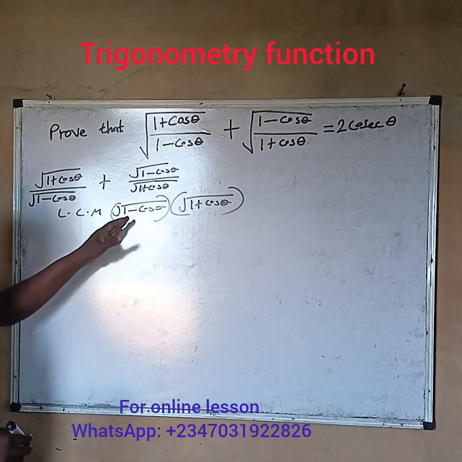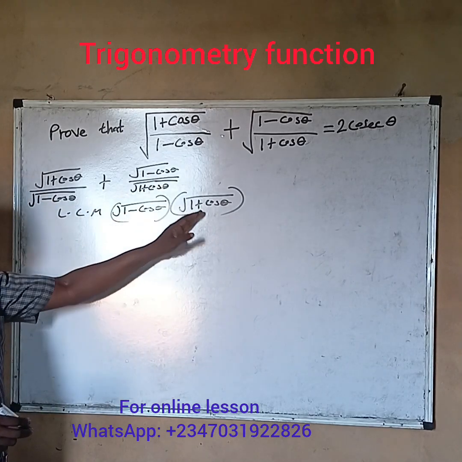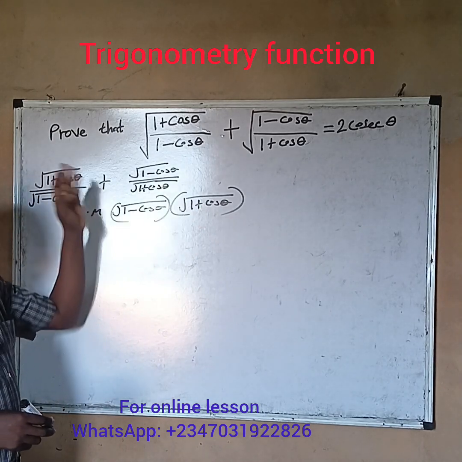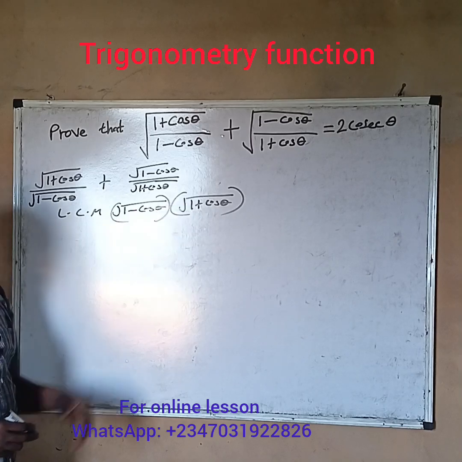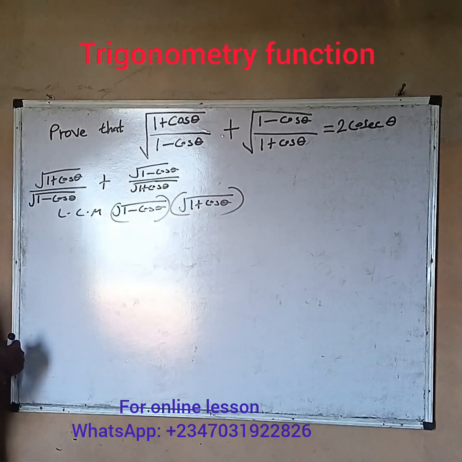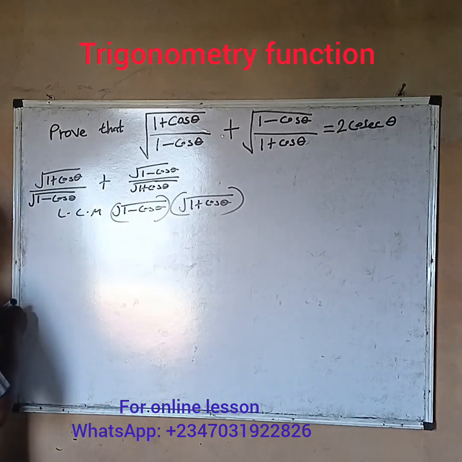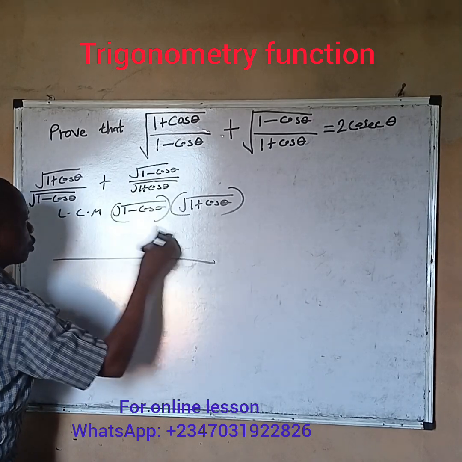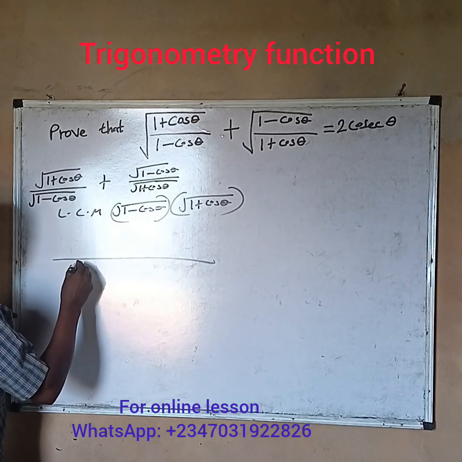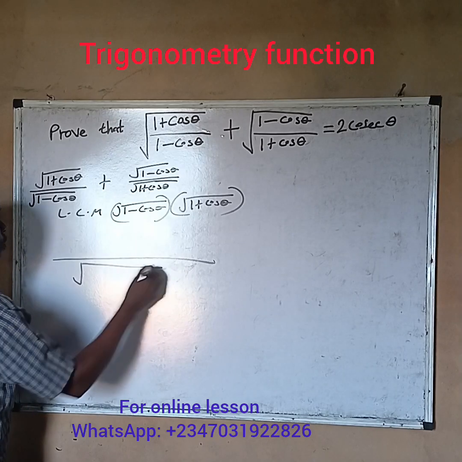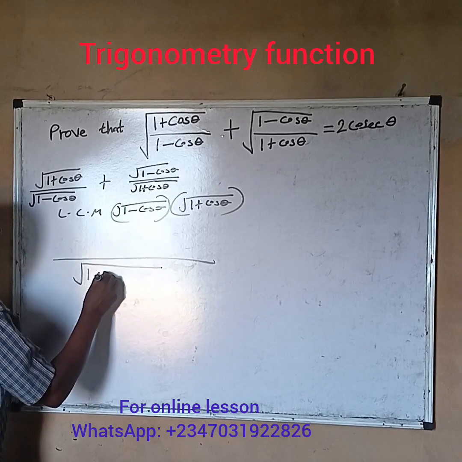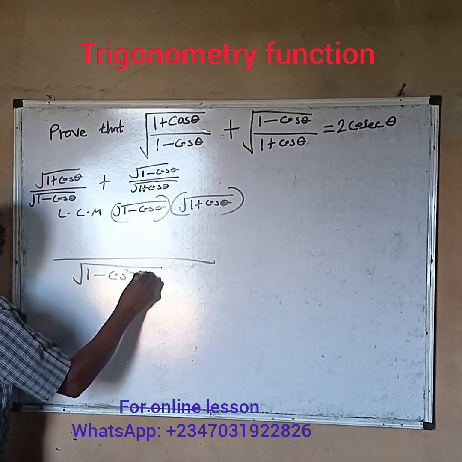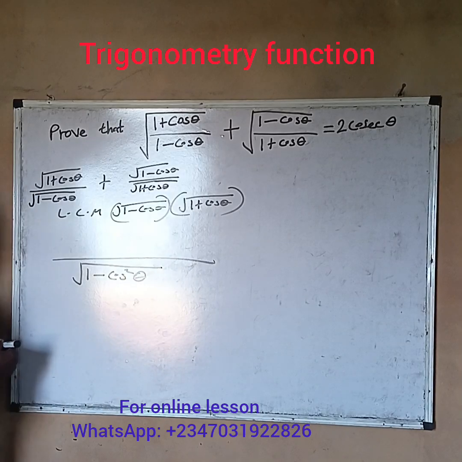When you apply difference of two squares, this will certainly give you the square root of 1 squared minus cos squared theta. All right, but let's leave it like this first and see. This is what you have at the denominator, which is the same thing as the square root of 1 minus cos squared theta, applying difference of two squares.